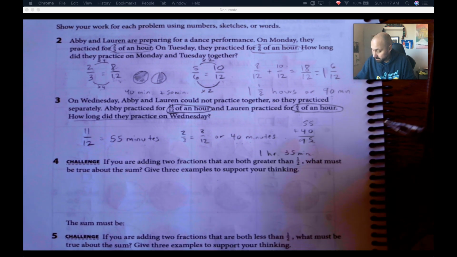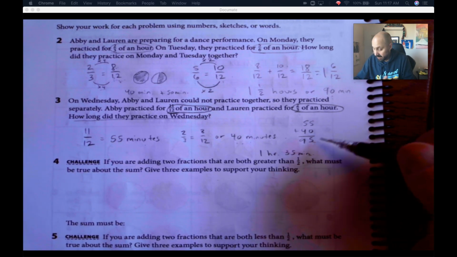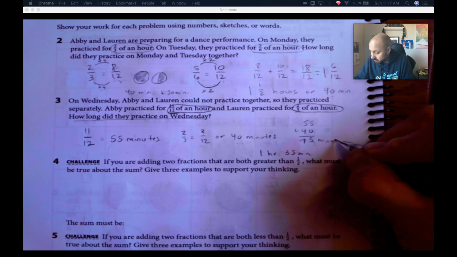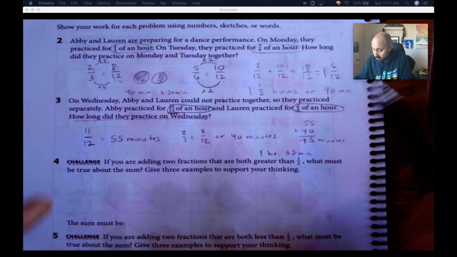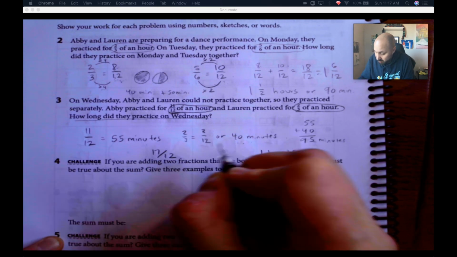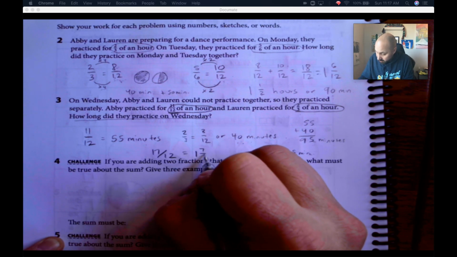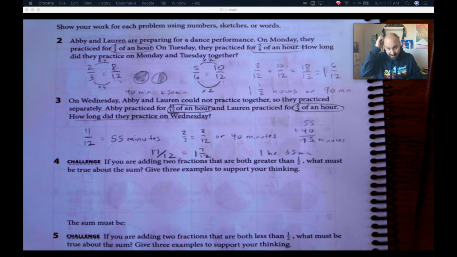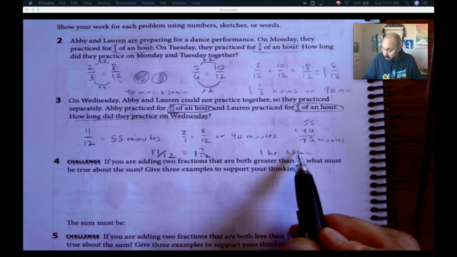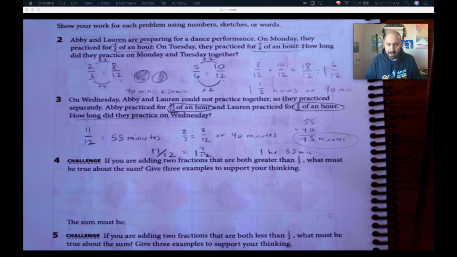We could write it as an hour 35 minutes. We could write it as 95 minutes. We could also write it as 11 plus 8, which is 17/12, which is the same as 1 and 7/12. There are so many ways to write this. But the question is, how long did they practice? So the real answer would be 1 hour and 35 minutes, or 95 minutes.